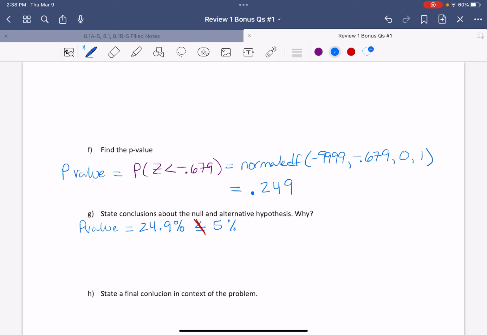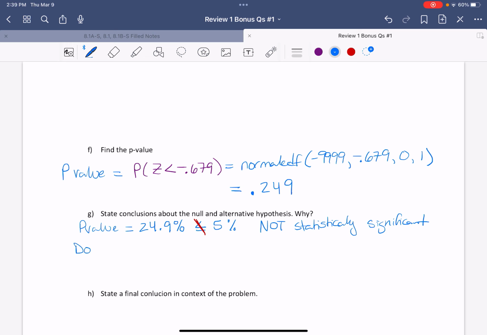Therefore, is it statistically significant or not? Not statistically significant. So 24.9% is not less than 5%. That means it is not statistically significant. So do we reject or do we not reject the null? Do not reject.